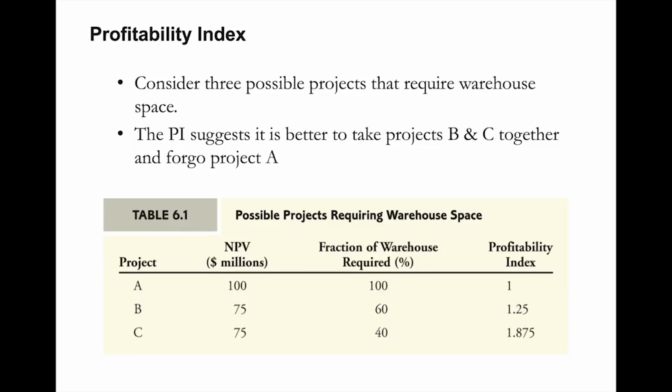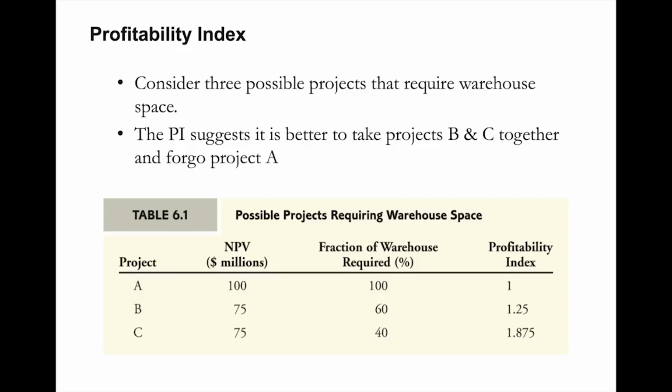So this ratio is higher for projects B and C than it is for project A, which is essentially saying that we're getting more in net present value, more dollars, per amount of warehouse space used. So in essence, it's telling us that it's using the space more efficiently if we accept projects B and C.